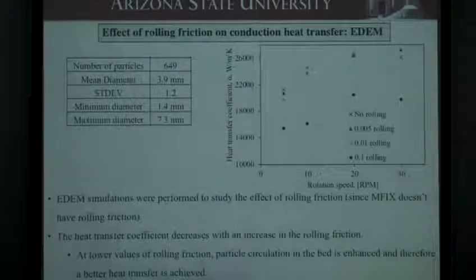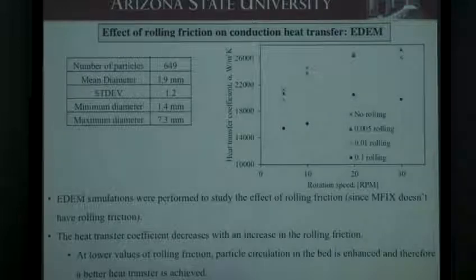Okay, the next thing we wanted to look at was rolling friction, and we couldn't test this with MFIX because it didn't have it. So we wanted to see how much it really matters. So we looked at EDEM, and we used rolling friction values from 0 to 0.1. 0.1 is kind of on the high side, but we wanted to use a range that people have used in the literature.